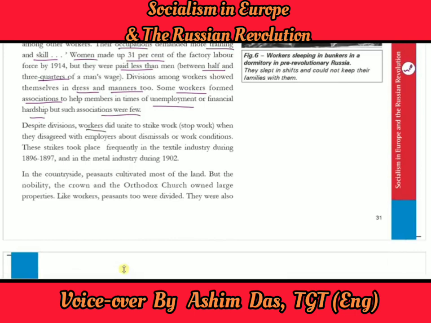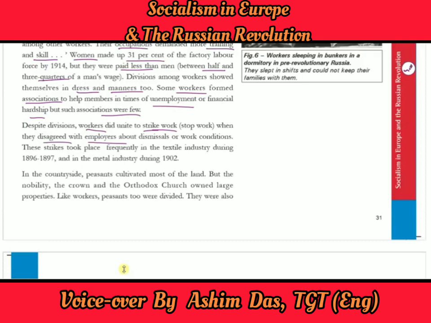Despite such divisions, workers did unite to strike, to stop the work sometimes, when they disagreed with the employers, their owners, about dismissals or the work conditions. These strikes took place frequently in the textile industry during 1896 to 1897.